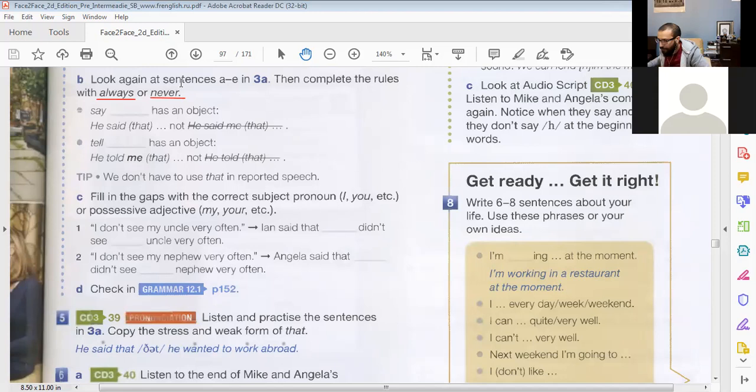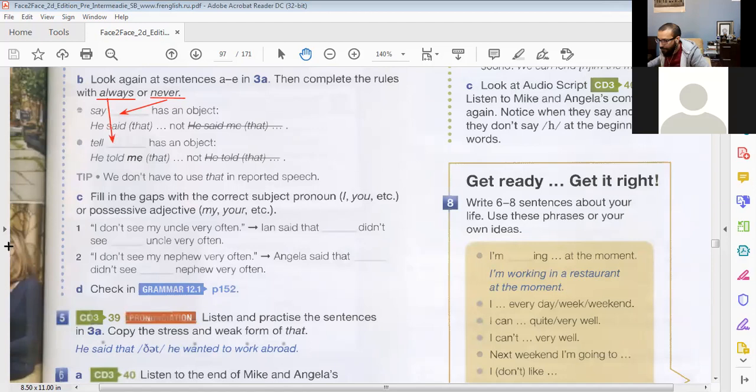This means if you use say, you never have an object. Say never has an object. Do you get the idea? But with tell, it's the opposite. If you use tell, you have to say, he told me, he told her, he told them, he told us.